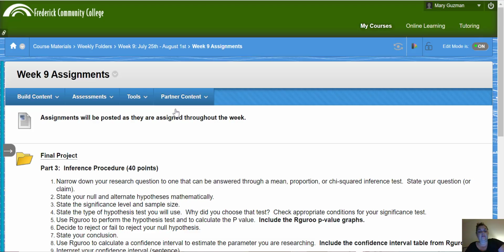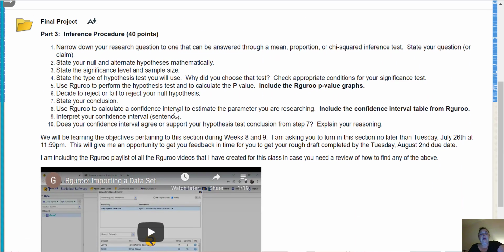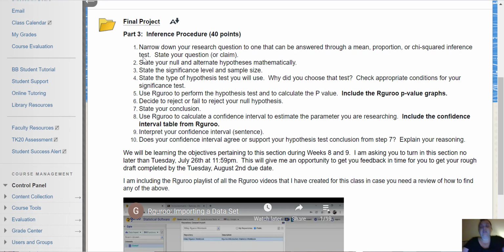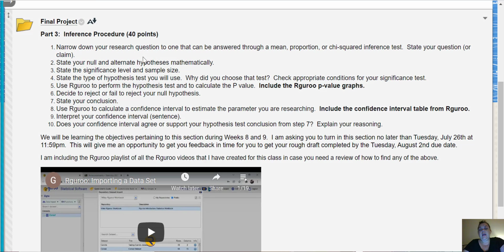Assignments other than that is working on your project. We're now on part 3. Again, turn it in by Tuesday, July 26th at 11:59. Basically, you needed to narrow your research down to one question about one of your variables, specifically about a mean or a proportion. I have chi-squared inference tests as well, but technically we haven't gotten to that part yet, so you should probably focus on just a mean or a proportion and come up with a claim about that.